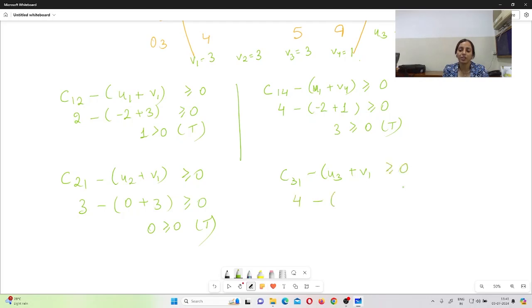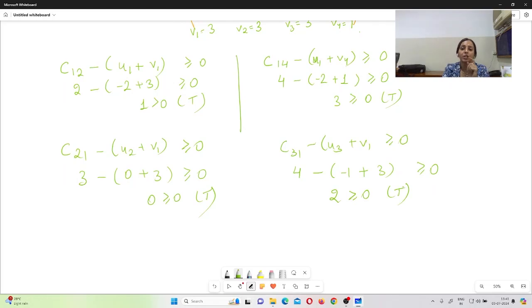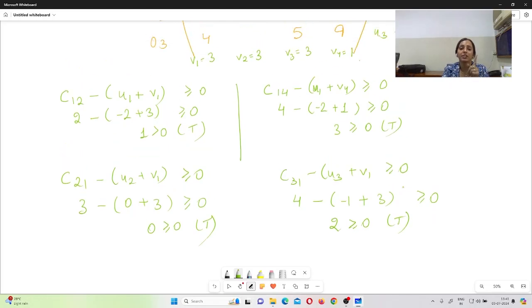Check it, is it greater than 0? The calculation you have to do is a very general question. I've just taken a very numerical question that you can do by your own mind. No need to use a calculator over here. Putting all the values, 3 minus 1, that will be 2. 4 minus 2, that will be 2. And that is greater than 0. The answer will be 2. That means the conditions are satisfied for the third one also.